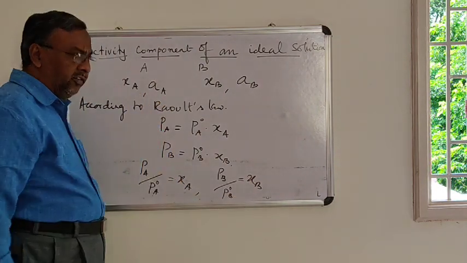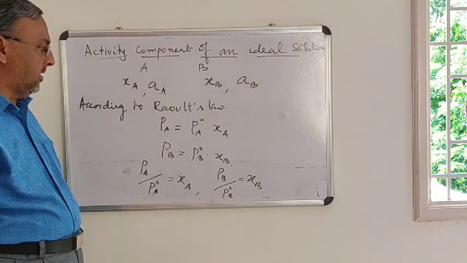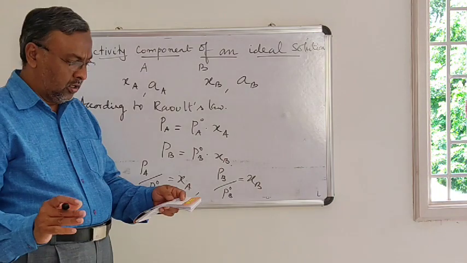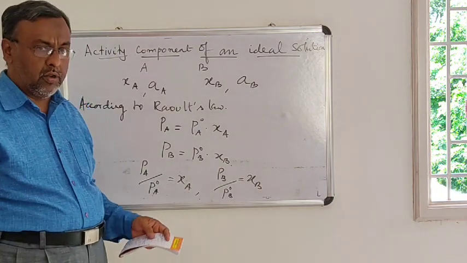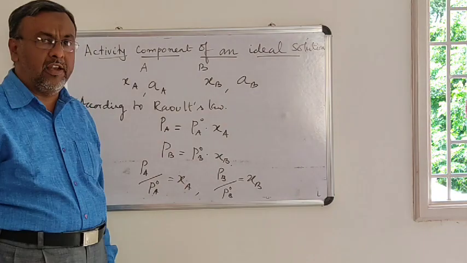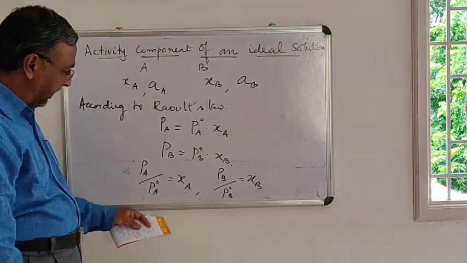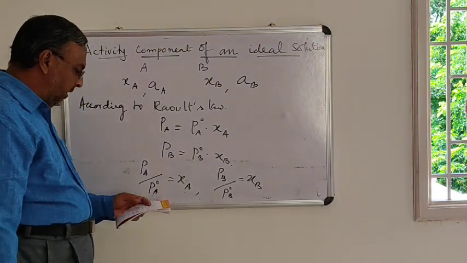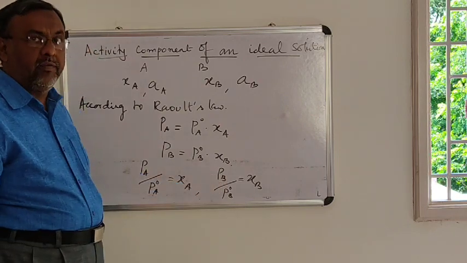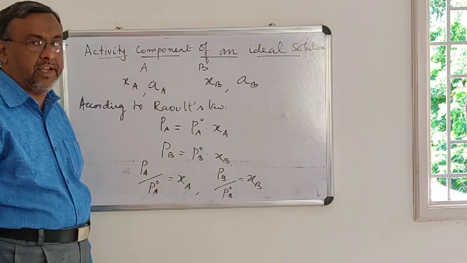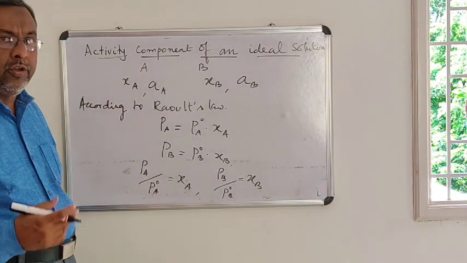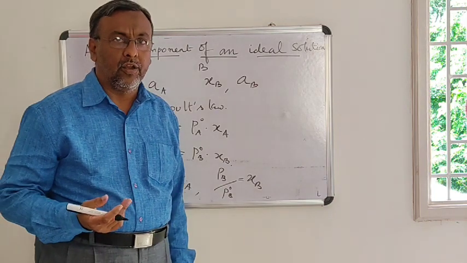Since the vapor pressures of these two liquids are very low, and lie well within the range of atmospheric pressure, instead of taking the vapor pressure, we can take fugacity. What is fugacity? You might have studied it last year.